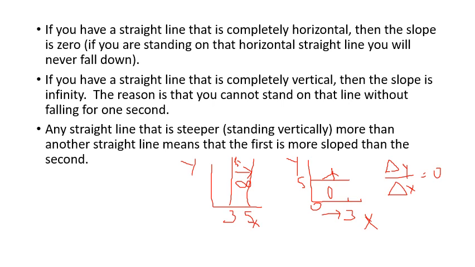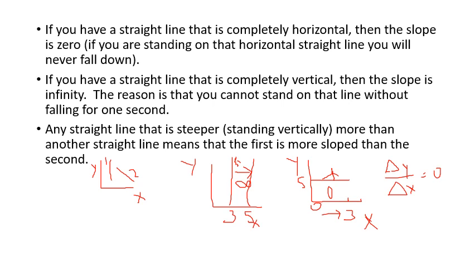Okay? Any straight line that is steeper, meaning a steeper line. In order to remember relativity in science, this is x, this is y. Suppose you have a line like this, and a line like that. I'm going to call this one line 1, and this line 2. In that case, I say that line 1 is steeper than line 2.